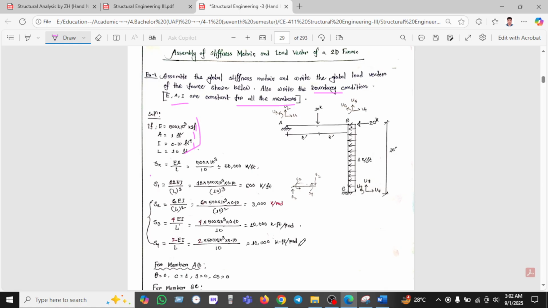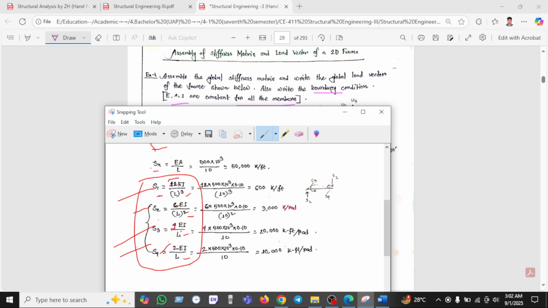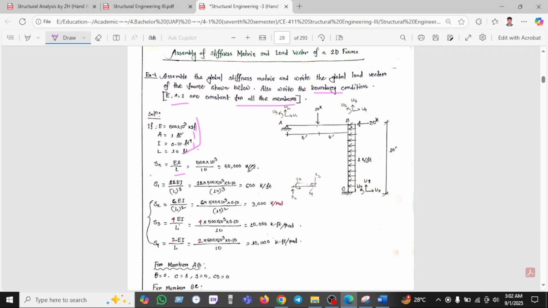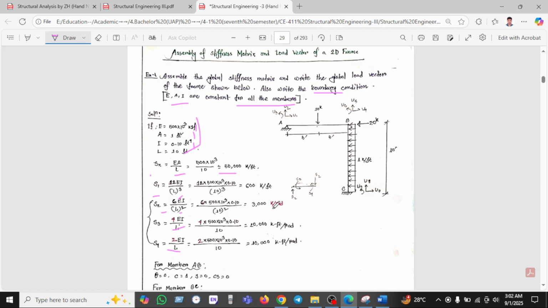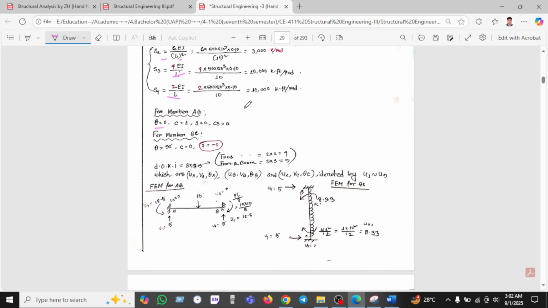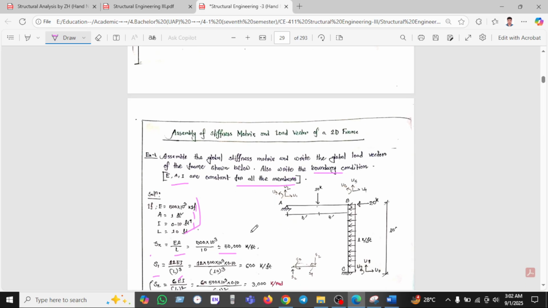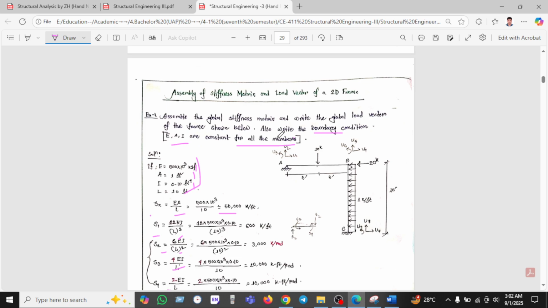As a reminder, this was our formula: EA by L. Don't ask how we get this formula, EI by L. And S1 is 12EI by L cube, S2 is 6EI by L square, S3 is 4EI by L, S4 is 2EI by L. These are given here. We have members AB and BC, where AB is horizontal with theta 0, with respect to the horizontal, and member BC is the vertical member.